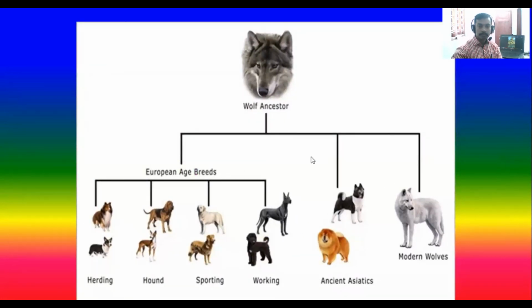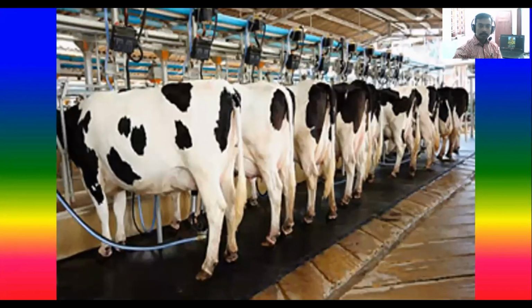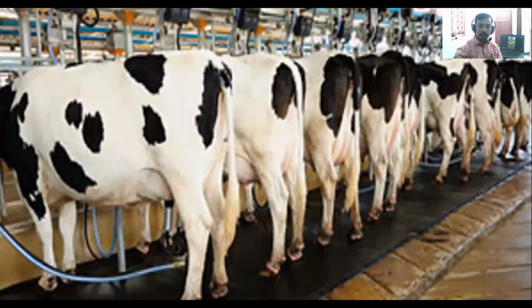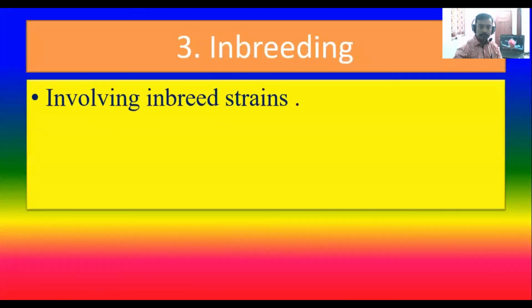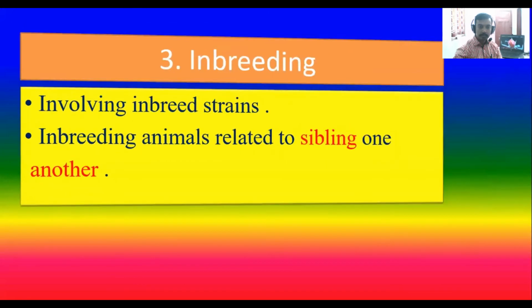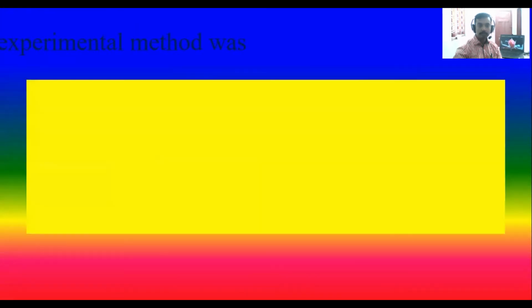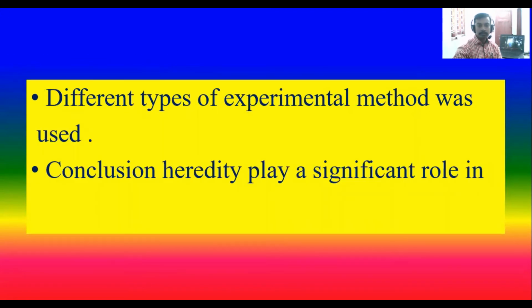Look at this, inbreeding. Experiment on animals. Third one, inbreeding, involving inbred strains, animals related to one another as siblings. A different type of experimental method was used.